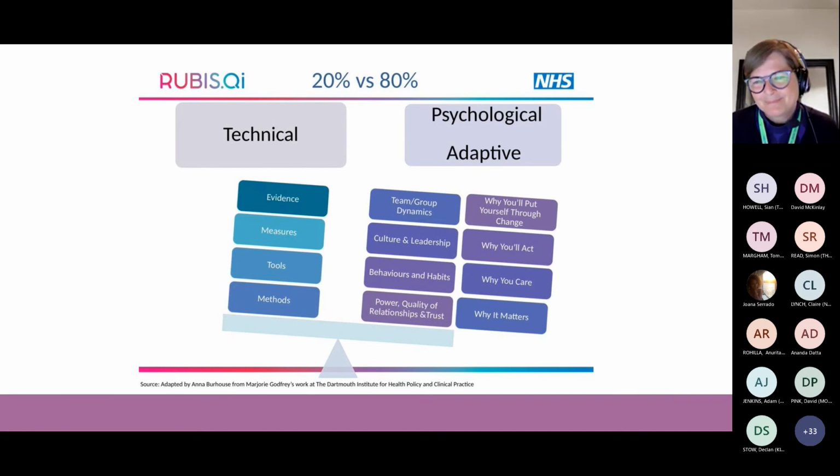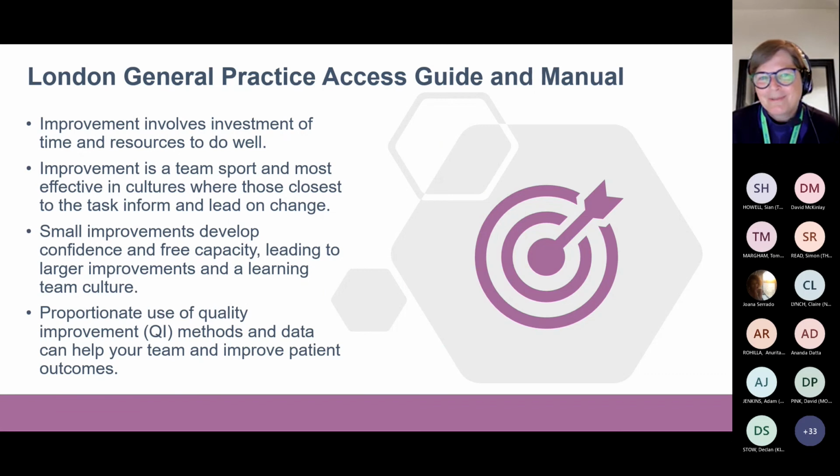Next slide, please. So in summary, we just want to say that the guide and the manual will help you to think about how you might use and choose your change methodology. I'll be honest, it is some effort to get it into practice at the beginning until it becomes almost like a habit, the way that you do things around here.